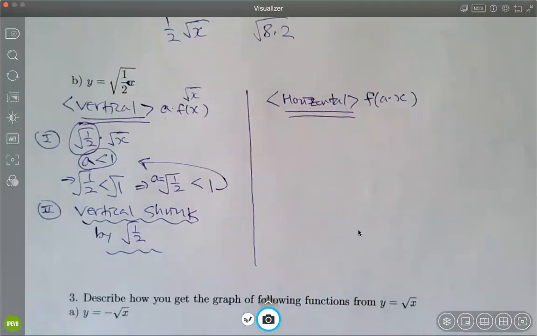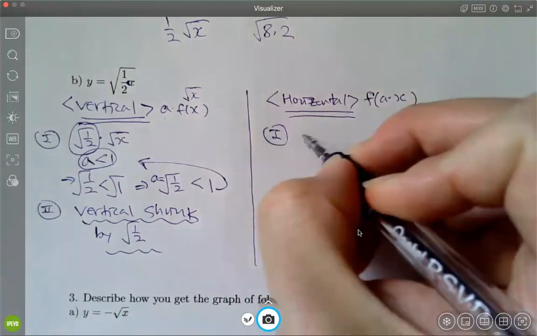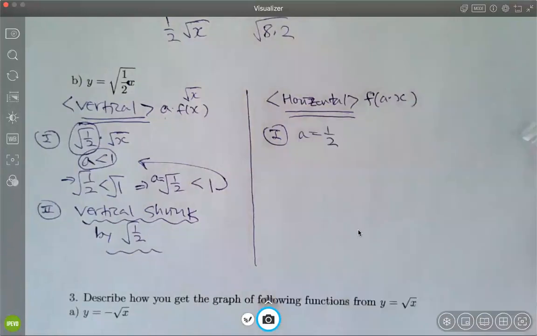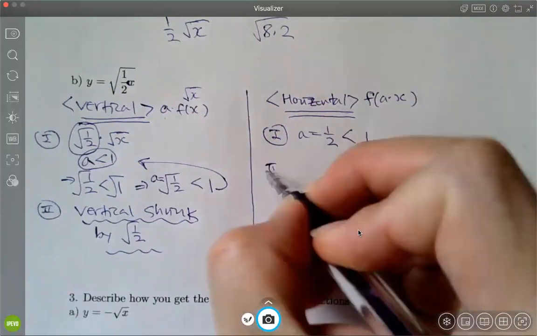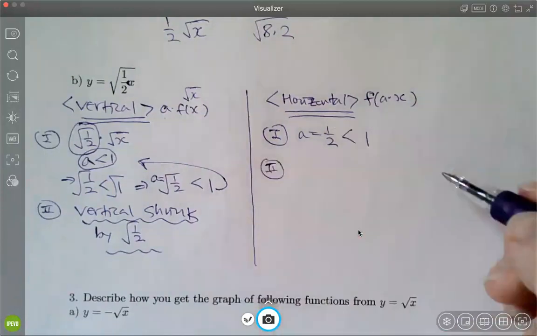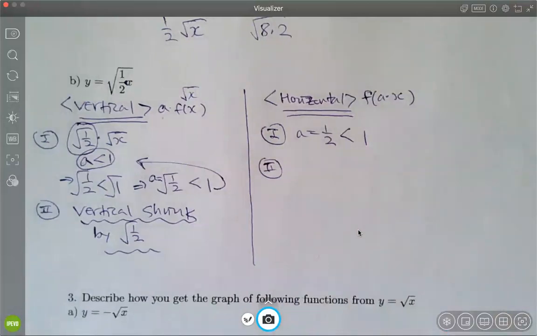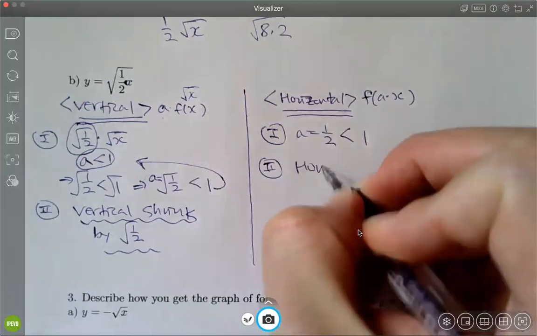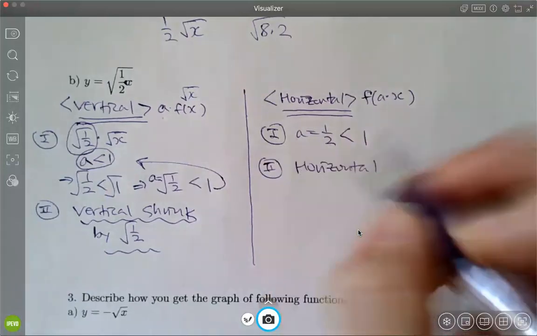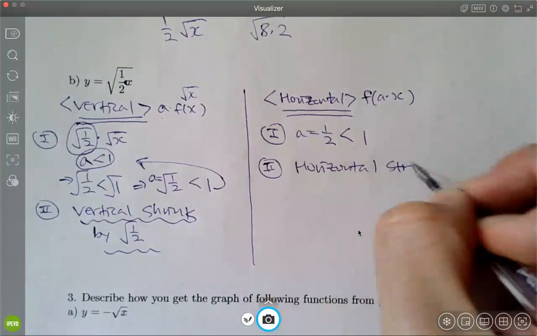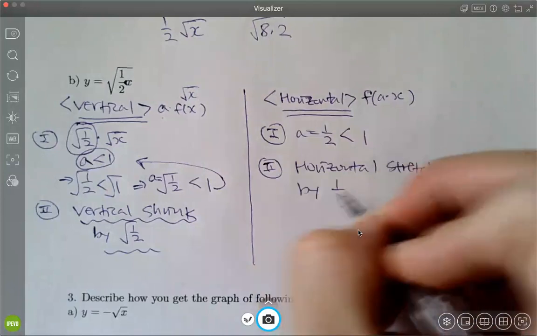So here a is 1/2, which is less than 1. Now, what does it mean in terms of the horizontal? It seems like it's a shrink, but you have to think backwards. So this is a horizontal stretch by a factor of 1/2.